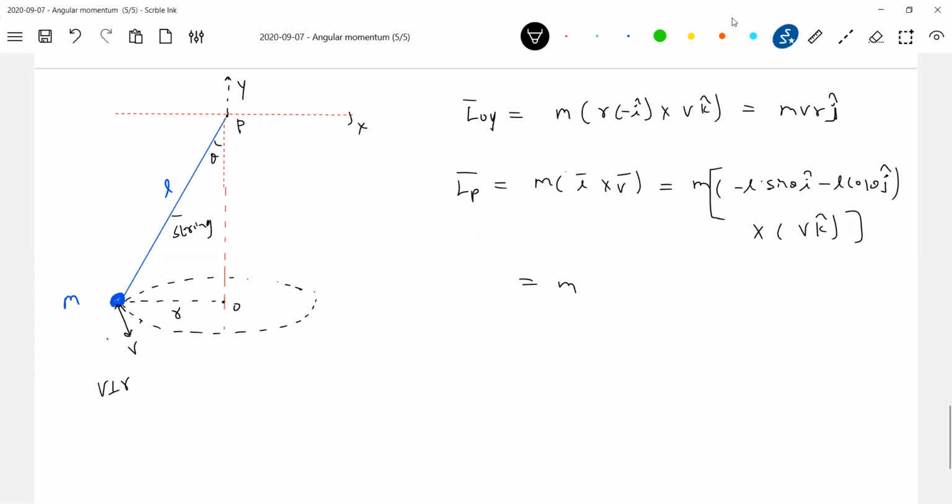Minus of minus j. This will be m v l sine theta j cap. Keep it here. Then j cross k will be minus i. So this will be minus m v l cos theta i cap. So what is the resultant? This will be m v l, minus cos theta i cap.